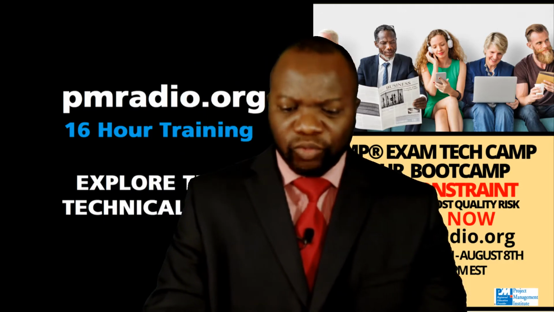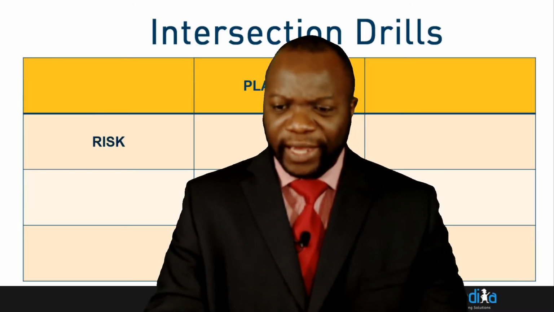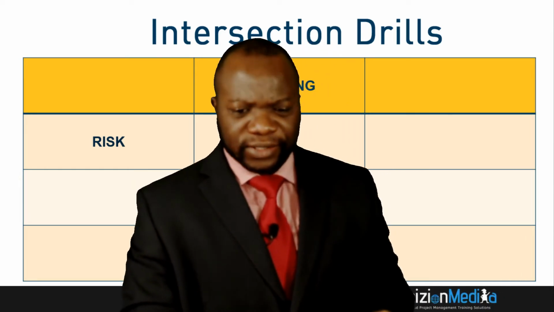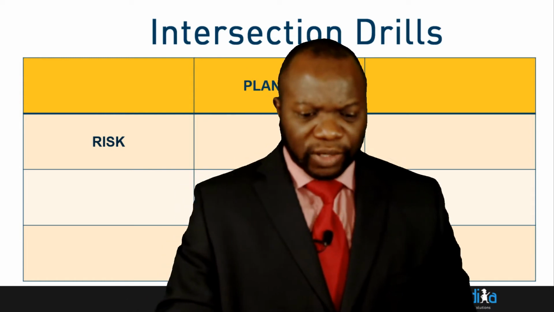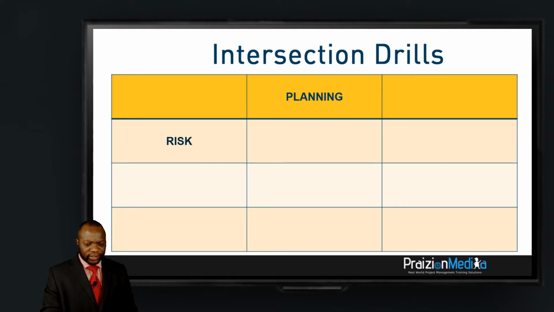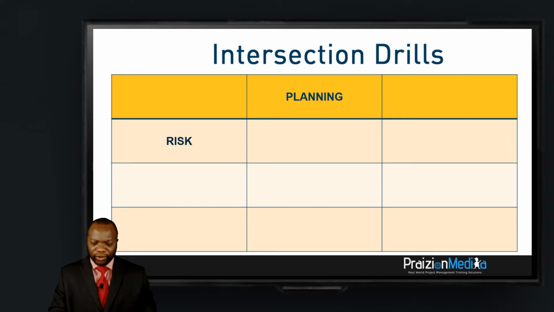So let's take a look at what we have for today. We have a drill that you might have seen on this channel in some other ways, but our drill for today is going to highlight intersection points. And the first intersection point that I would like you to recall and work with me on is risk. So the question is very simple.